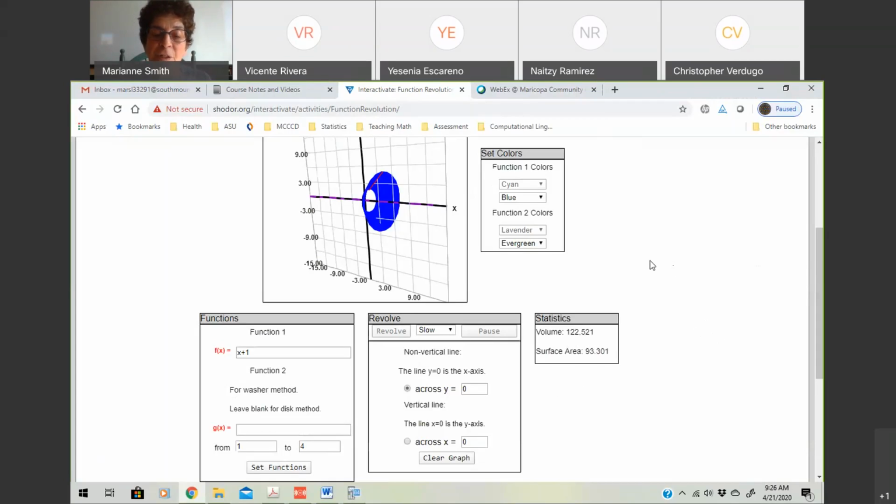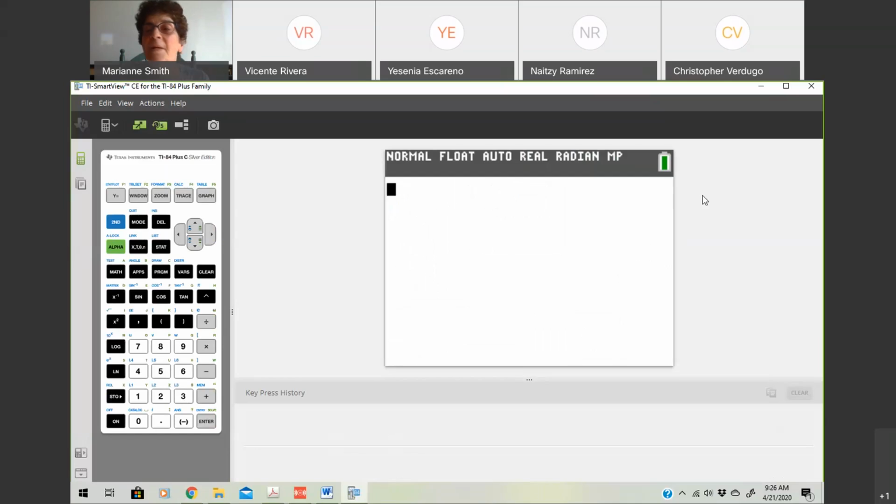I also want to show you something on your TI-84 that you might not be familiar with. So I'm going to bring up my TI-84 emulator here. What I've got over here is the plain old TI-84 CE, and I want to show you something on the math menu.